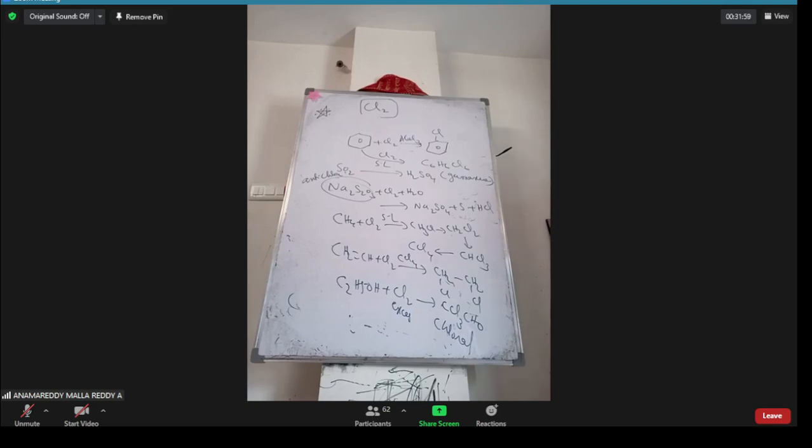Two gases are used. One is sulfur dioxide, another is chlorine. Both are used to bleach flowers. In the early morning, the persons who are maintaining the gardens will pass sulfur dioxide and chlorine gas so that the flowers will regain their beauty. Understood?